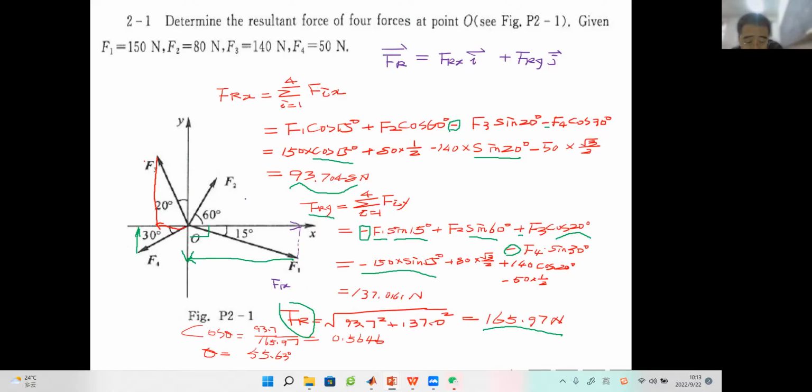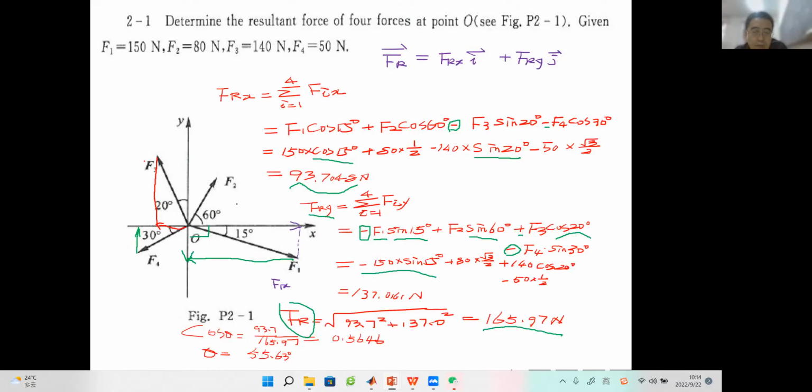Using the same manner, we consider F2. F2 is located here with an intersection angle of 60 degrees. We project it onto the x-axis again and find the magnitude of F2x will be F2 times cosine 60, also along the positive direction of x.